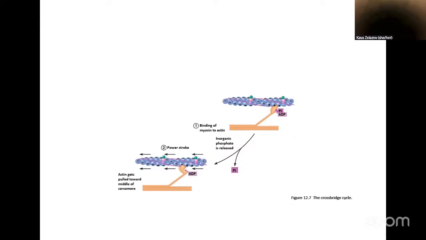When this phosphate ion comes off, we're in a position with our cross bridge of this head where I can imagine this as your arm being out kind of straight like this. My arm is the myosin, the head of the myosin forming the cross bridge. My pen is still my actin here. I've got a straight wrist here. You'll notice as we go into step 2, the power stroke, we fold it in.